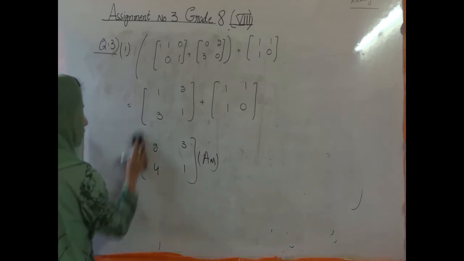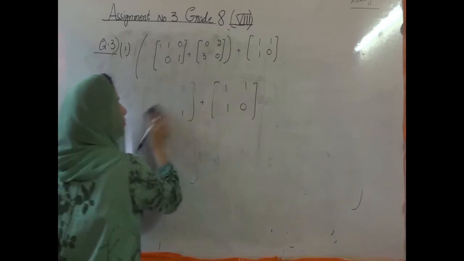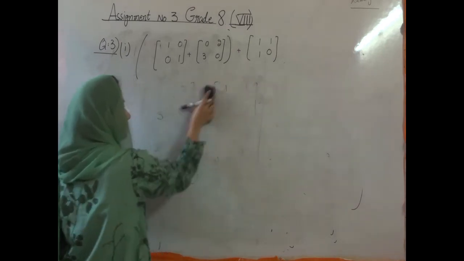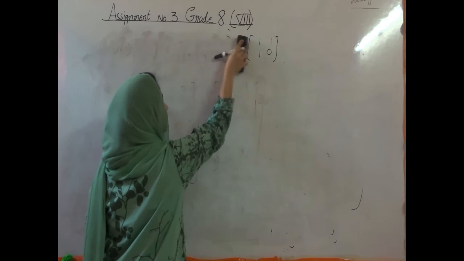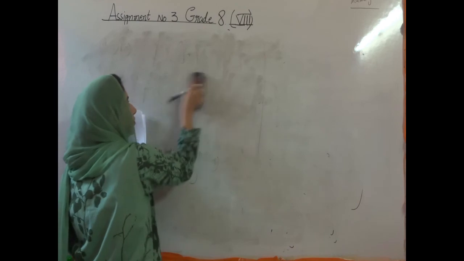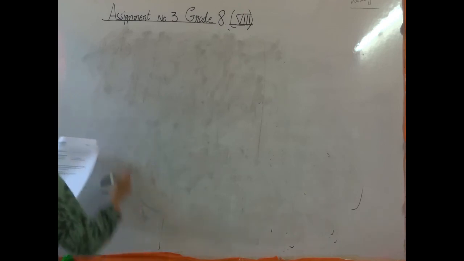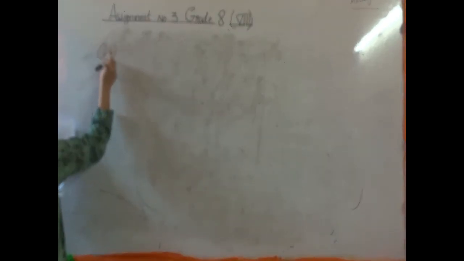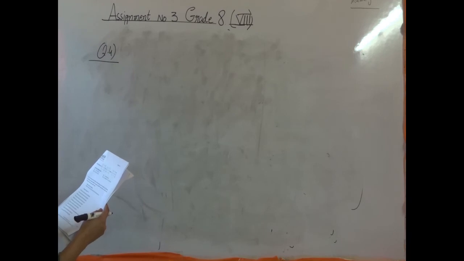Okay, and question number 4, the last question. For the matrices A, B and C, these are the given matrices and they are saying to verify the following rules, that the left hand side is equal to the right hand side.